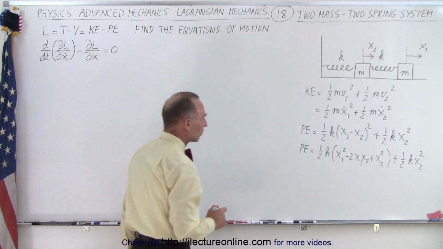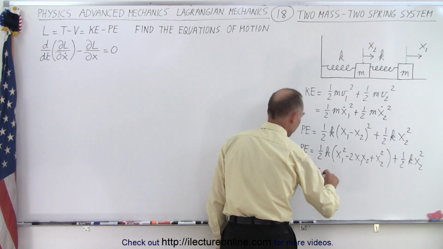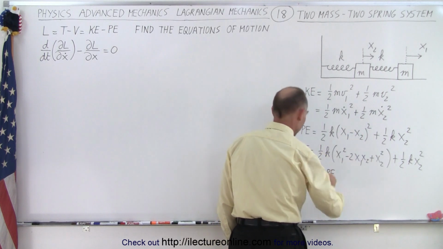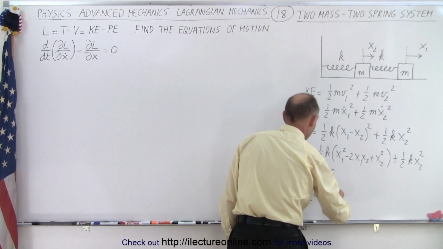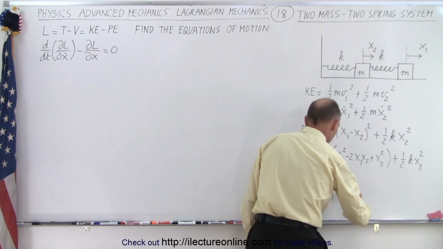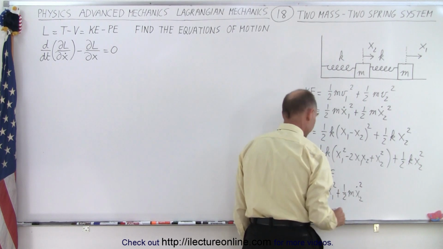Now we need to find the Lagrangian, and the Lagrangian is defined as being the kinetic energy minus the potential energy. So the kinetic energy was defined right here, so that's going to be the quantity 1/2 m x1 dot squared plus 1/2 m x2 dot squared.